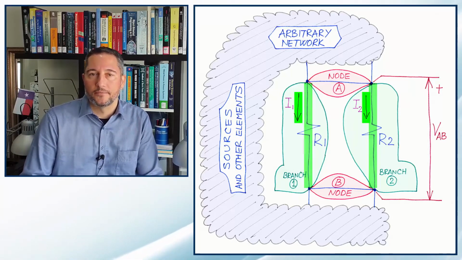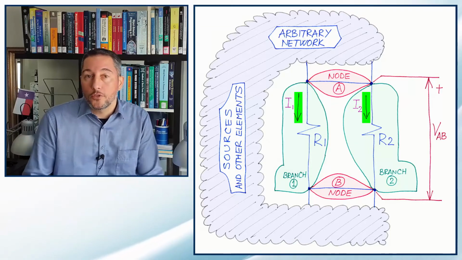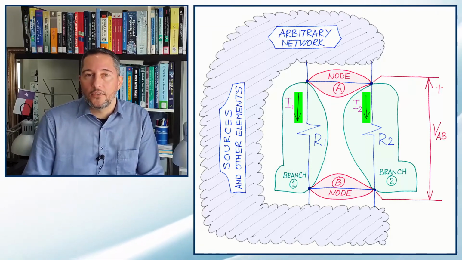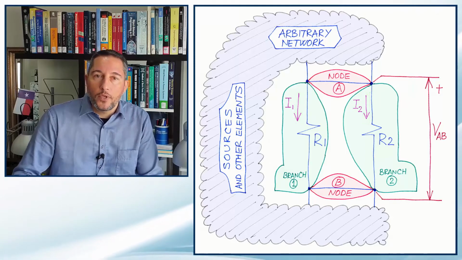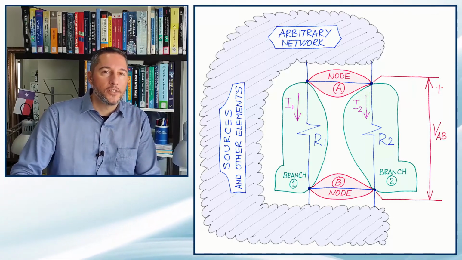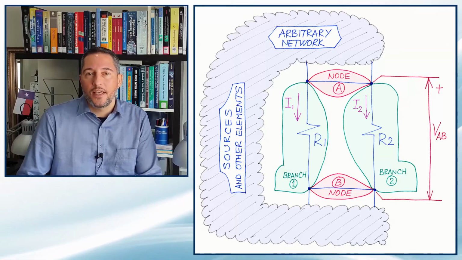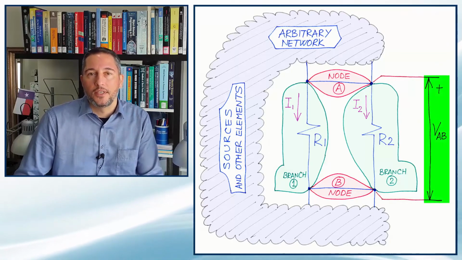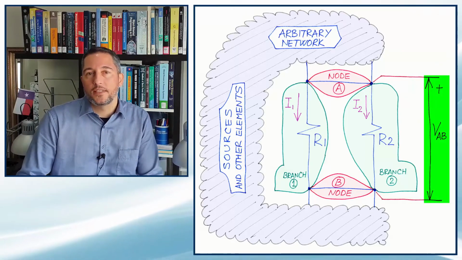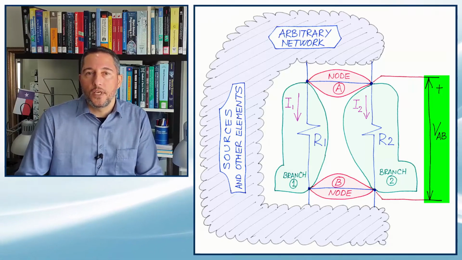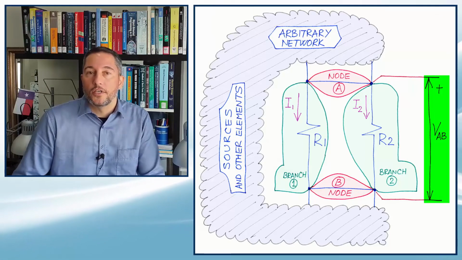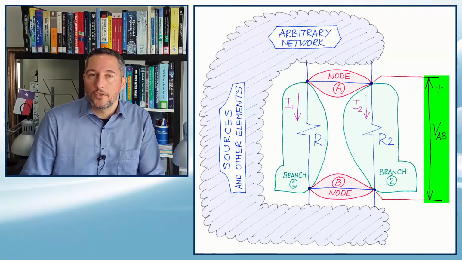Now, from Ohm's law, we know that the value of current depends on voltage and resistance. If we have two branches that are parallel, that means they have the same voltage. In this case, if we designate nodes A and B, then the voltage is VAB, which is the voltage across those two branches.